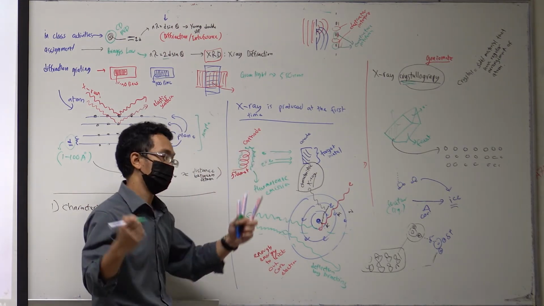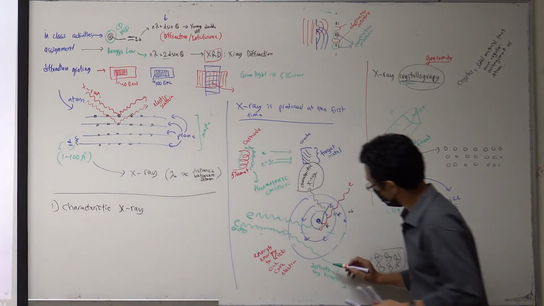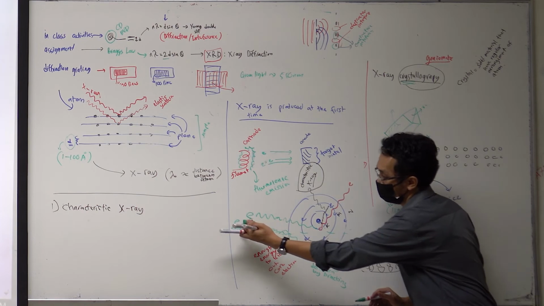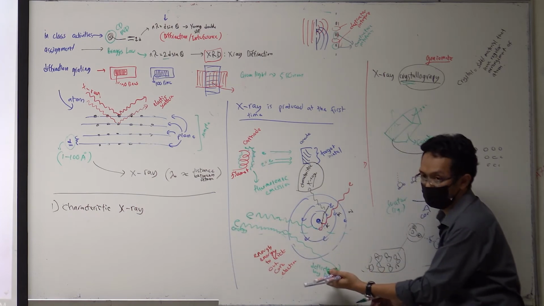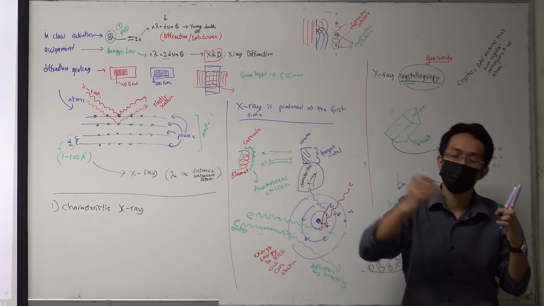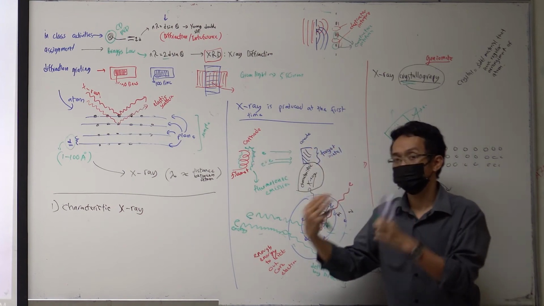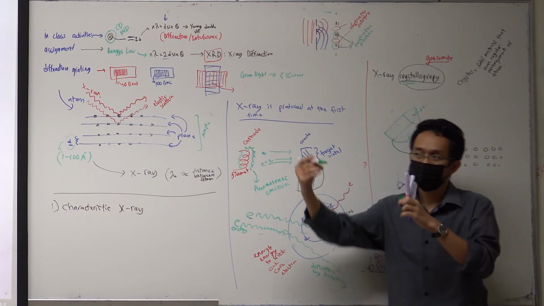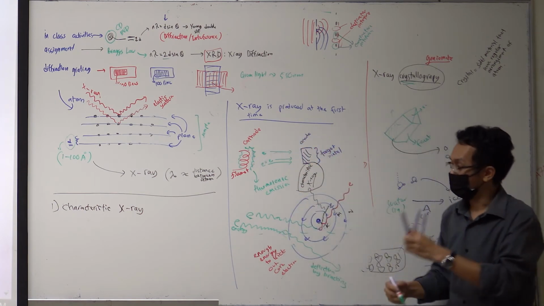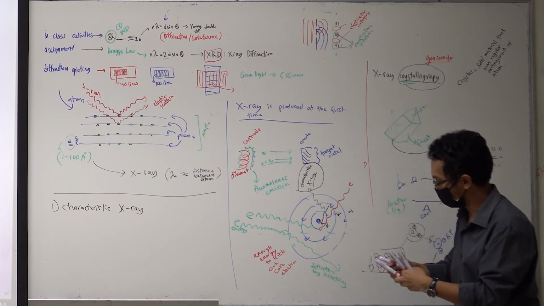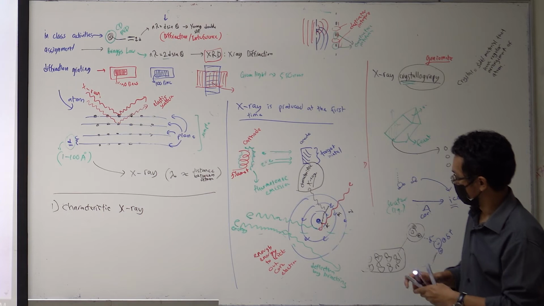Okay, braking. So this deflection by braking, because the energy here and the energy here is not the same, because when you brake, you lose kinetic energy. Kinetic energy is still energy, and because energy is conserved, there is excess energy. That excess energy is what we call another X-ray.